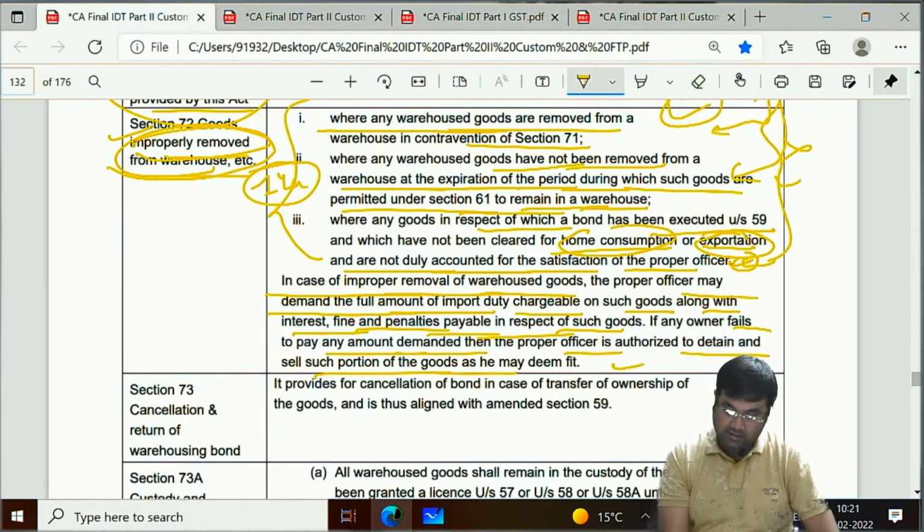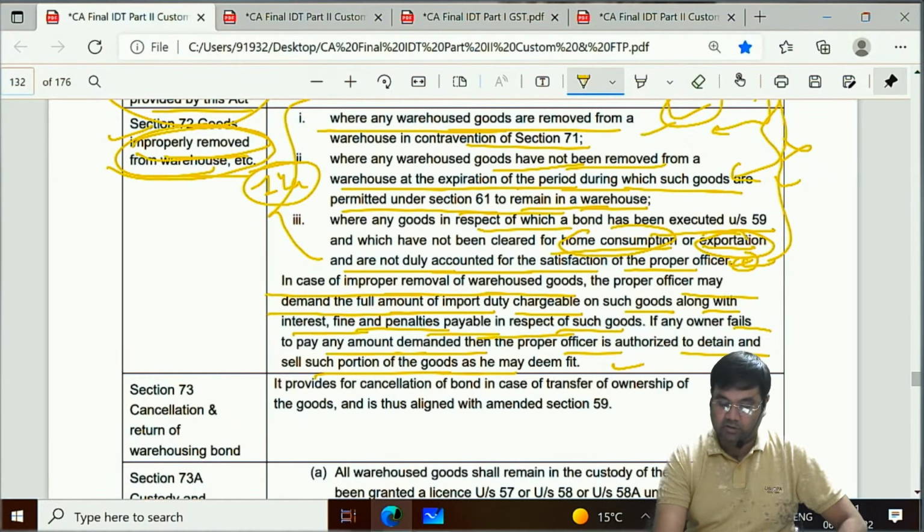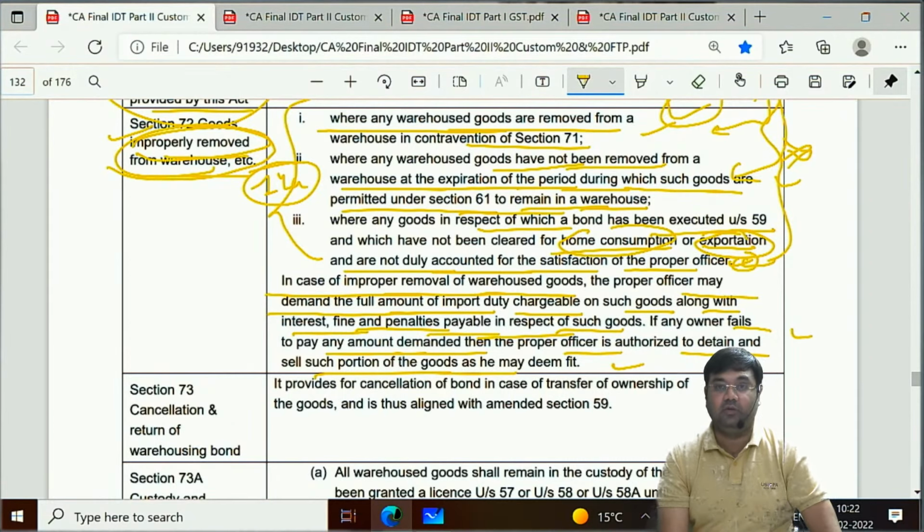So when goods are improperly removed, actually removed or not removed within 1 year, which I took as the example, then the officer is going to say it is improperly removed, pay the import duty, interest, penalty, whatever is applicable, please pay everything. If the owner does not pay, then he is going to detain the goods and sell such goods from which he can recover the duties and other dues.